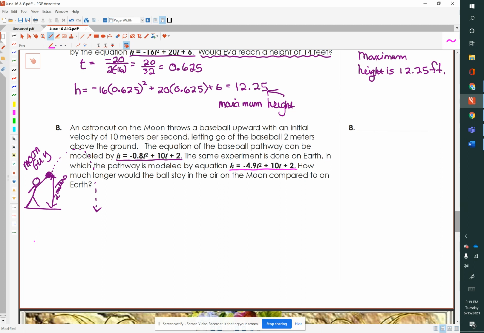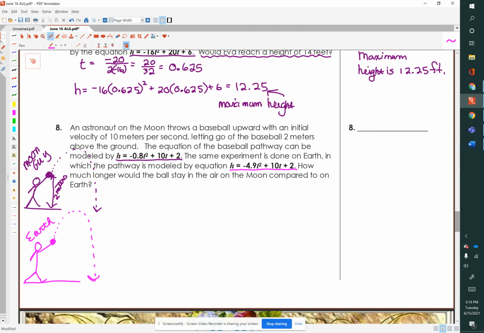So somebody's doing it on the moon. Meanwhile, somebody's doing the same thing on Earth. There's their baseball, and they're throwing it up, and it's going to come down. All right, same experiment, once on the moon, once on the Earth.